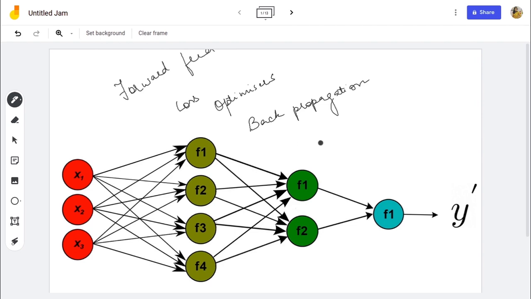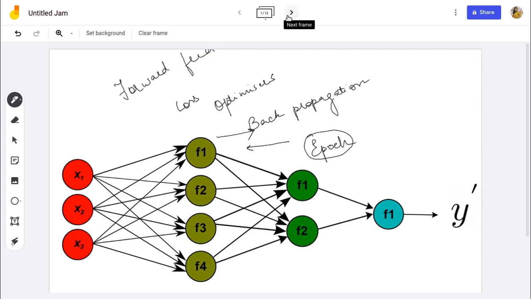I also taught about epoch and how moving forward once and backwards updating the weight is known as one epoch, and many epochs together form one training.